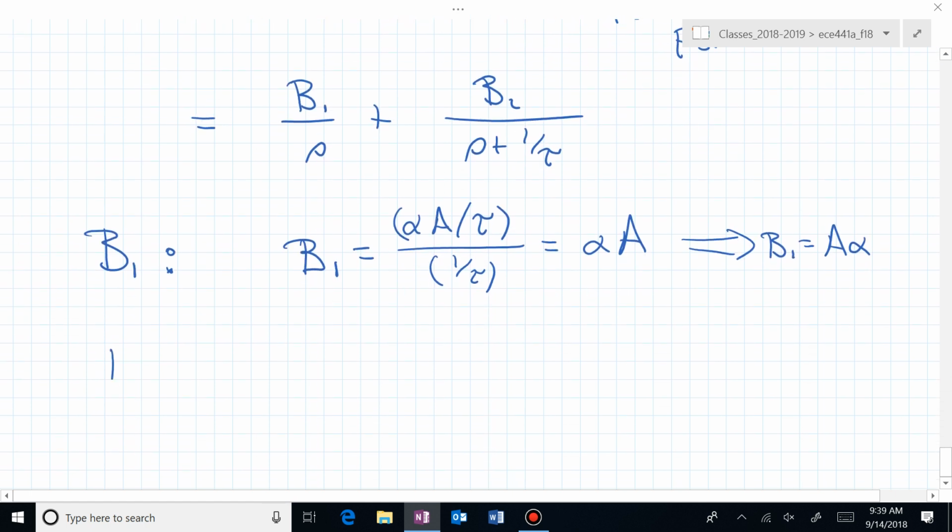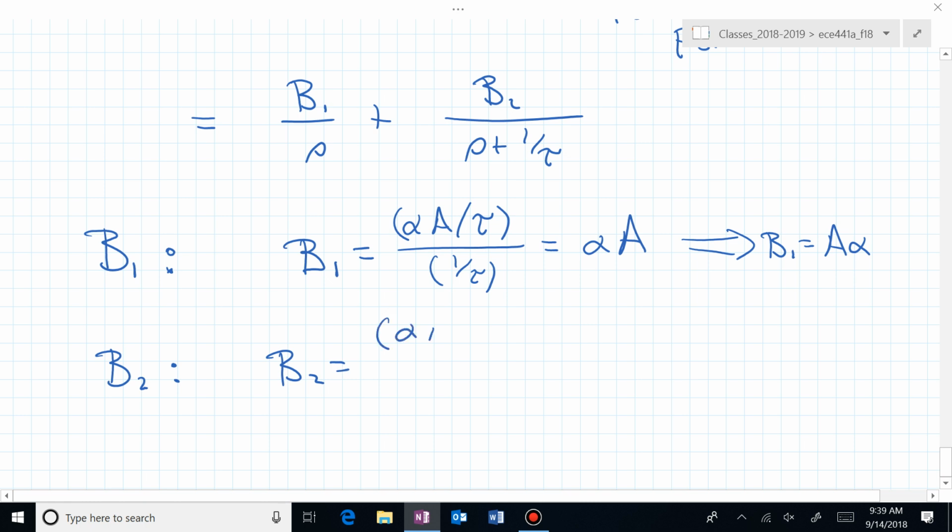B2, we multiply through all terms by what's underneath B sub 2, and that's this factor s plus 1 over tau. And we set s equal to the value that causes that factor to vanish, which is s equal to minus 1 over tau. We do that.